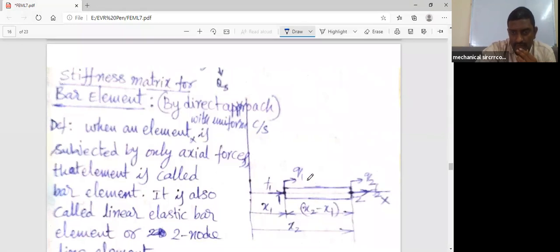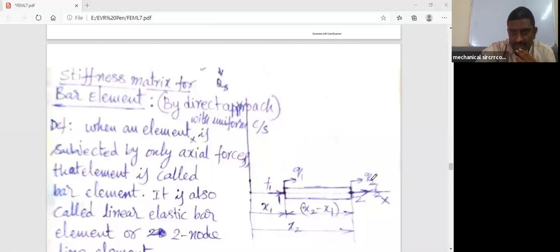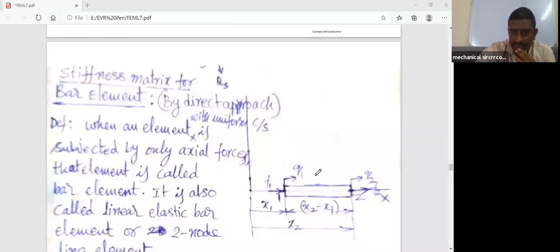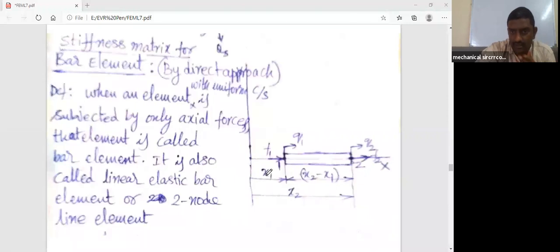Let us assume Q1 and Q2 are the displacements at the nodal points. x1 is the distance from the origin to node 1, and x2 is the distance from the origin to node 2. Therefore, the length of the element is x2 minus x1. We have to assume this element is part of the total domain, a one-dimensional elastic body.